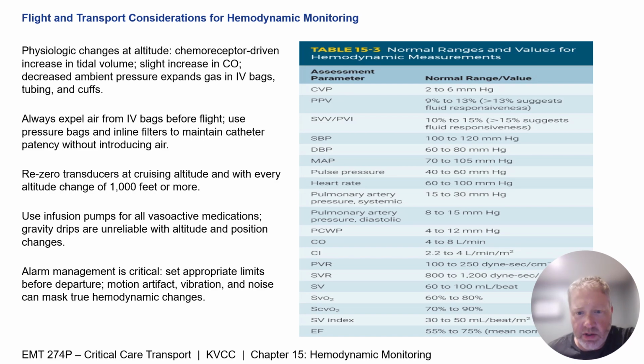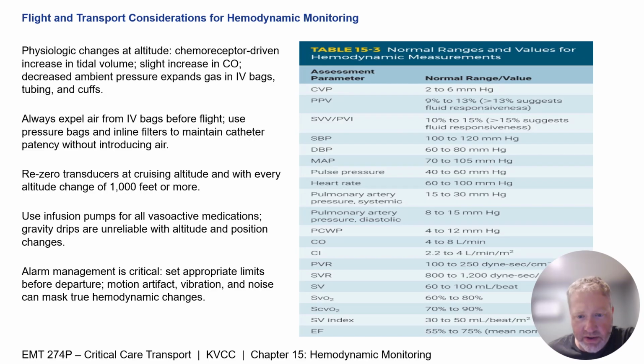The table here gives you normal value ranges for the different hemodynamic monitoring assessment pieces. I don't know if you'll be held to know those specifically or not, but there they are.